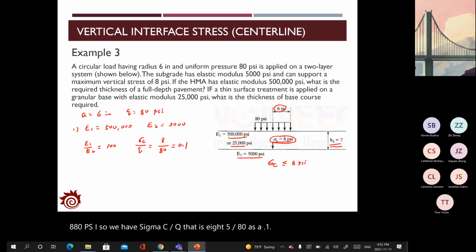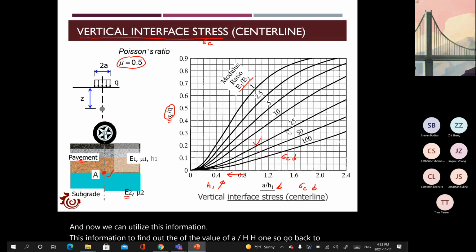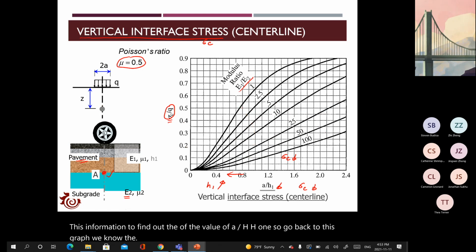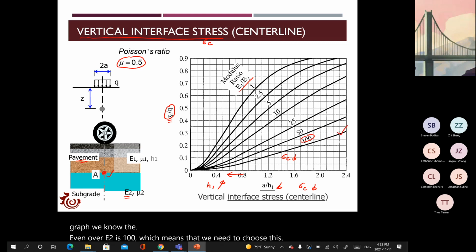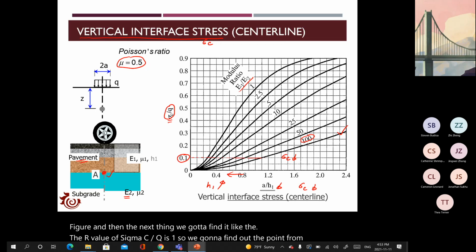And now we can utilize this information to find out the value of A divided by H1. So go back to this graph. We know E1 over E2 is 100, which means that we need to choose this figure. And then the next thing we're going to find is the value of sigma c divided by q, which is 0.1. So we find the point on the line we just selected.